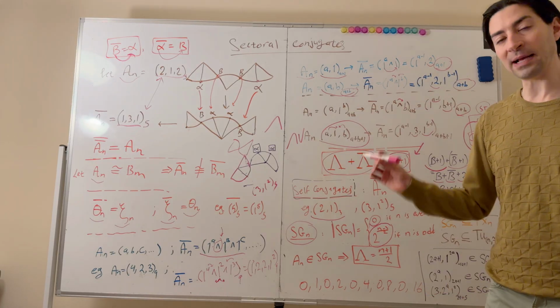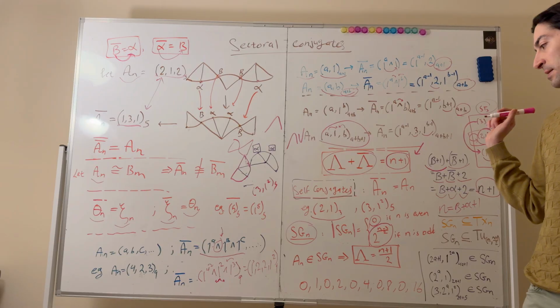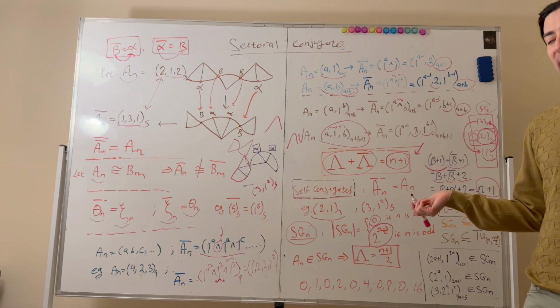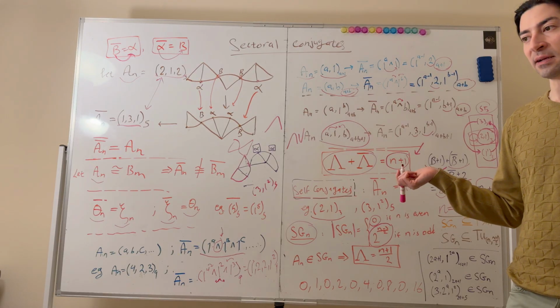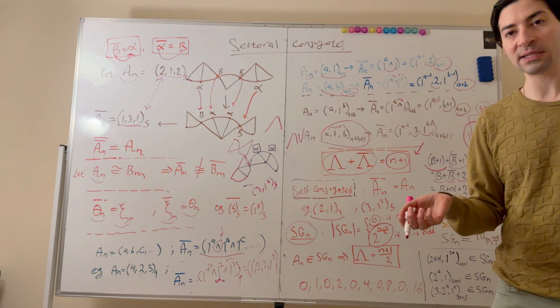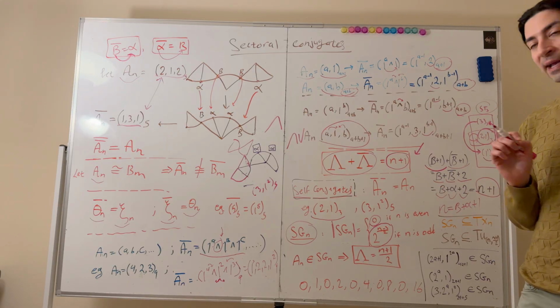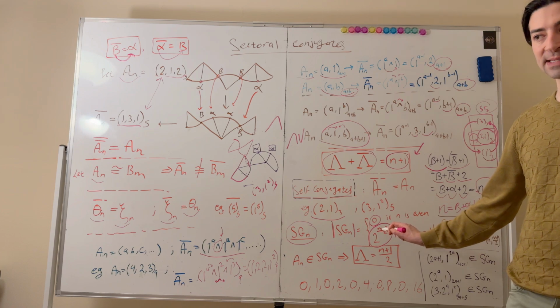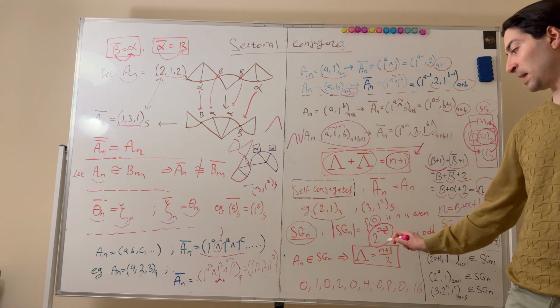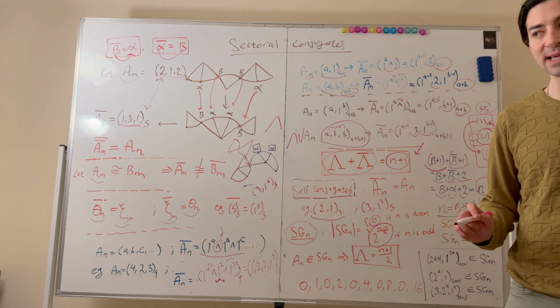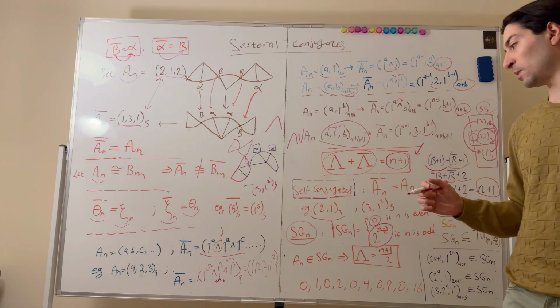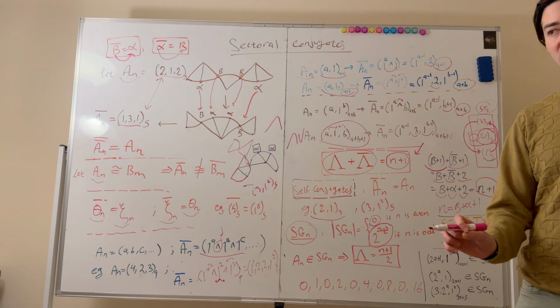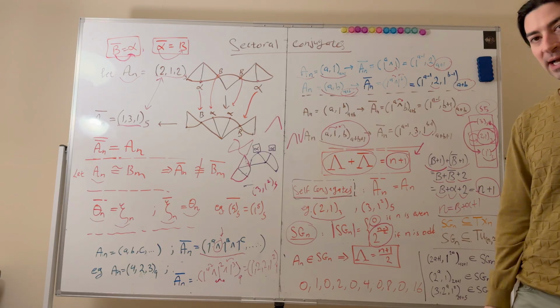We will see shortly why that is. For example, if I want to look at the self-conjugate set of degree 9, all I have to do is say 9 minus 3, that's 6, divided by 2, that's 3. 2 to the power of 3 is 8. So therefore, there will be 8 self-conjugates of degree 9.